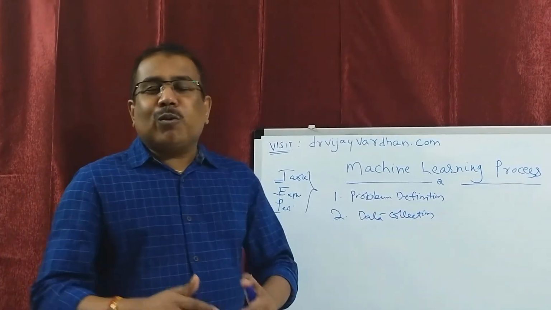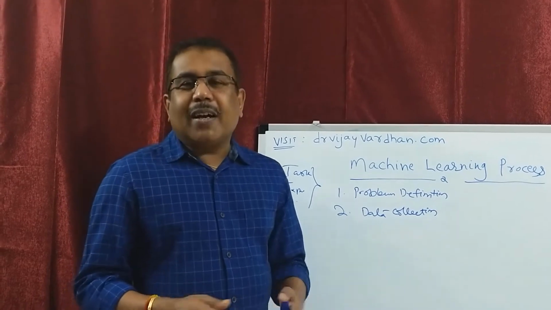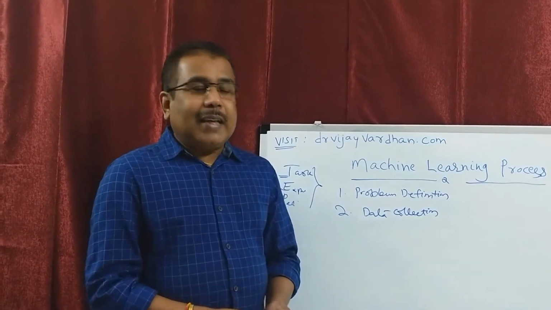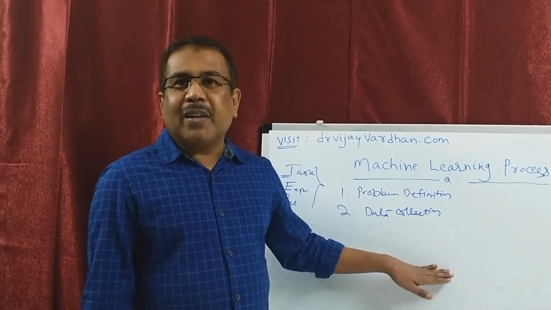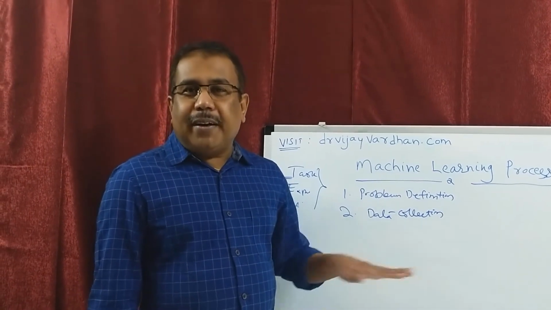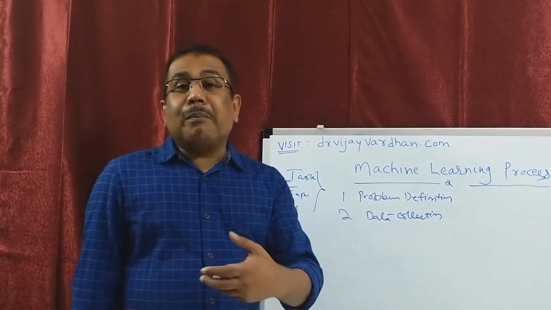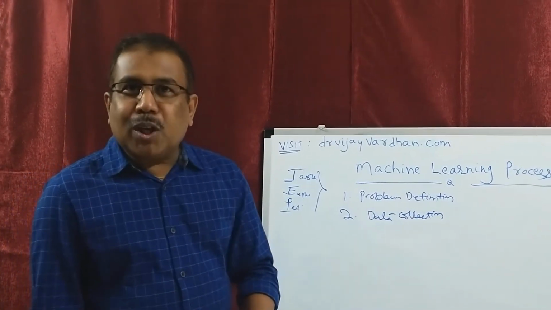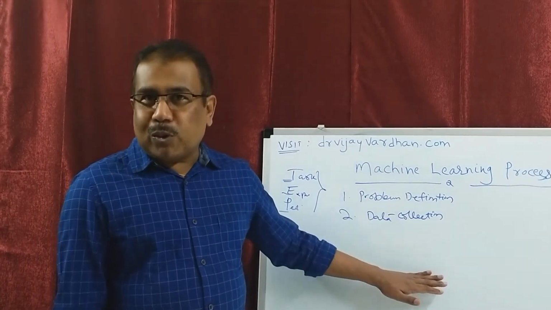So data can be collected in different ways like web scraping, APIs and surveys. Data collection is key to solving any machine learning problem. More and better quality data gives better results even with basic machine learning algorithms.